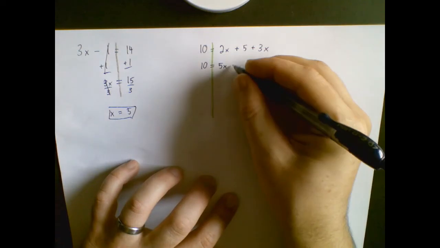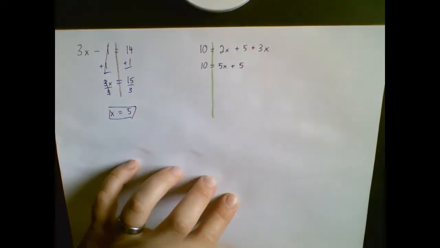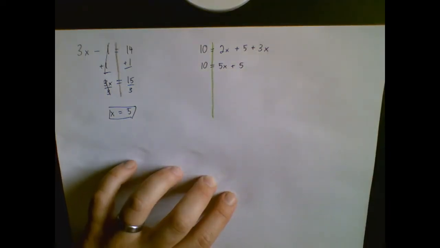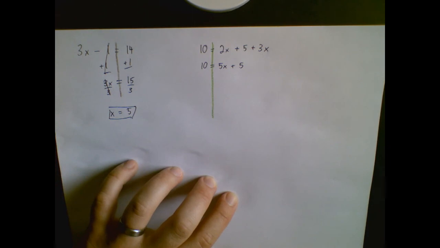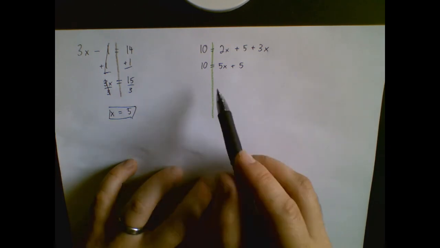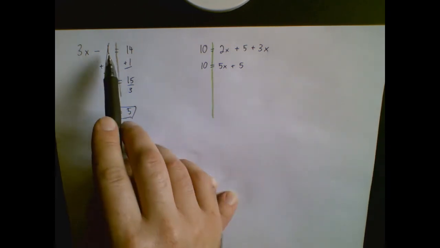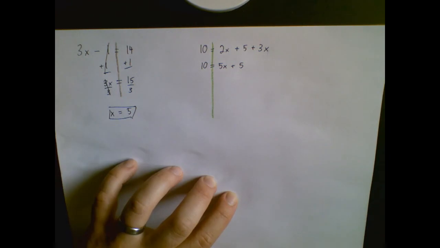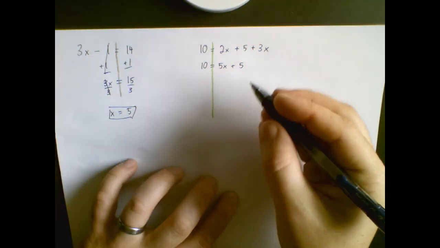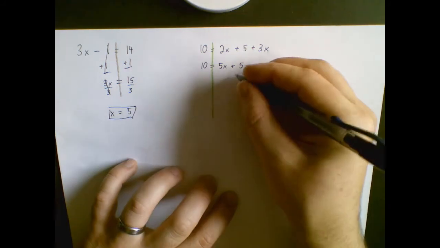And this 5 is not a like term because there is no variable with it. So it's the only constant on that right side, so it's done. After that first step, we now have more or less the same situation we had on our first example on this page. So I just need to cancel out my addition and subtractions.